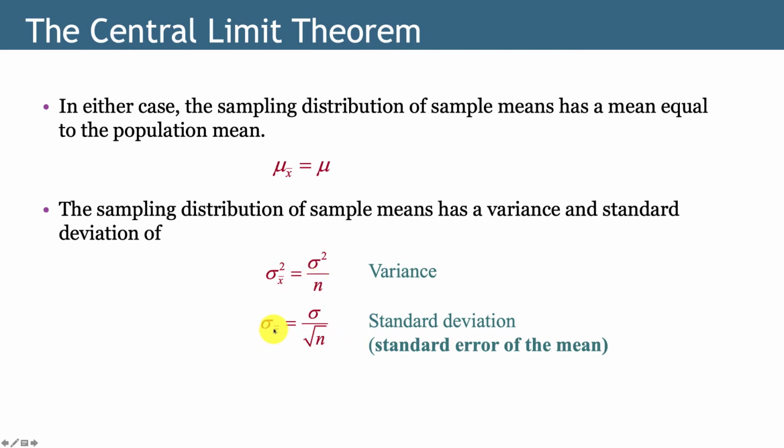And then likewise, when you take the square root of both sides, your standard deviation turns into this. So again, you're dividing by the square root of n. So the larger n is, the smaller the standard deviation of what though? The standard deviation of your sample means.